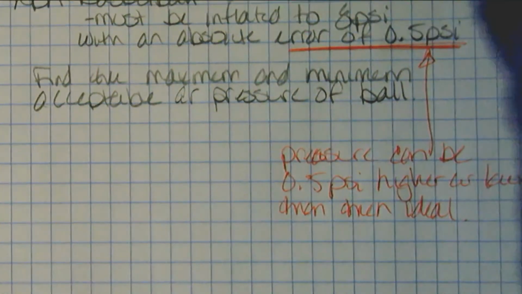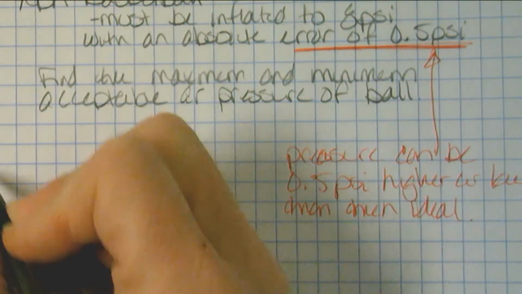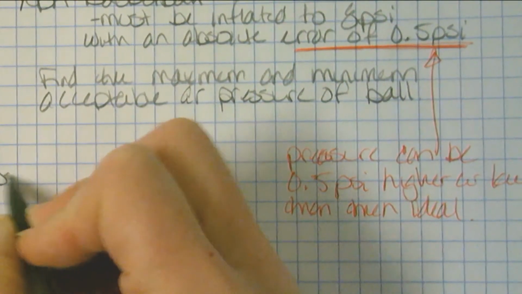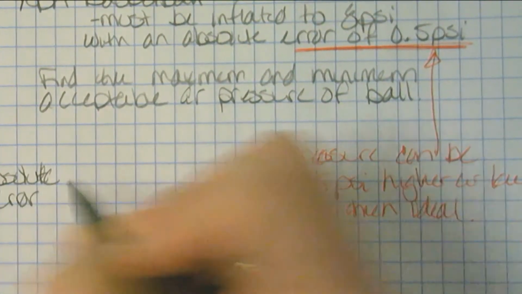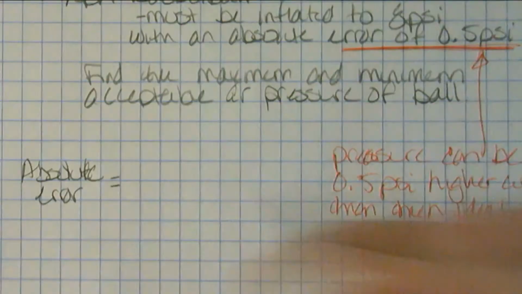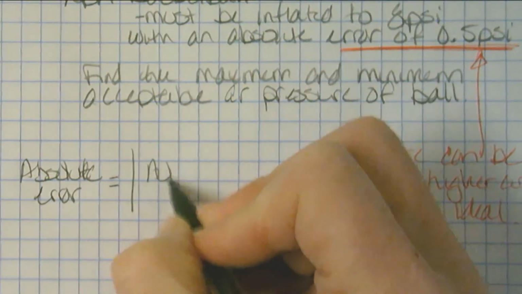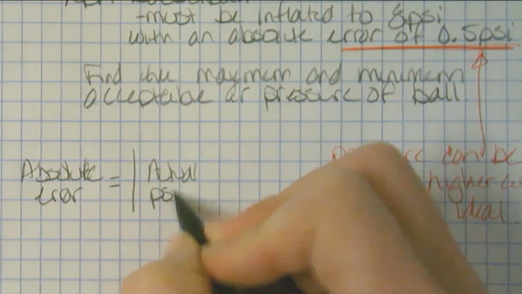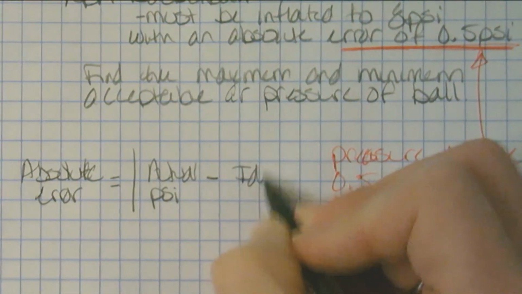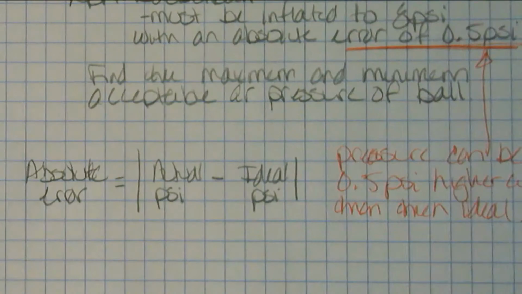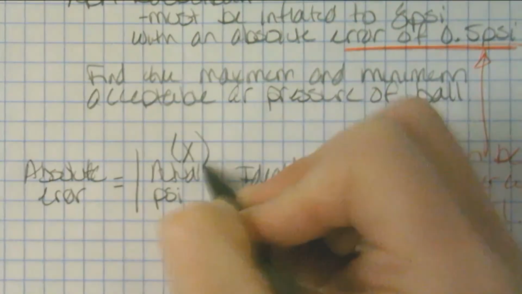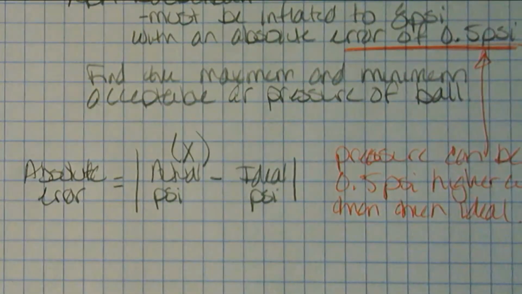All right, so let's use our equation. The absolute error, and again, I'm going to write "error" only because that's what they called it, but it's the same thing as absolute deviation, is equal to our actual PSI minus the ideal PSI. Your actual, 99% of the time, is what's missing.